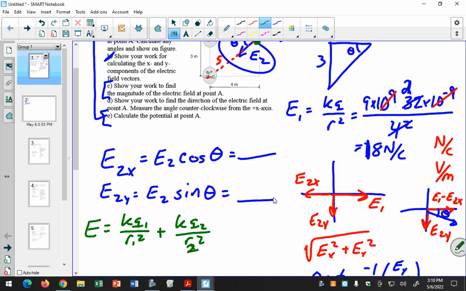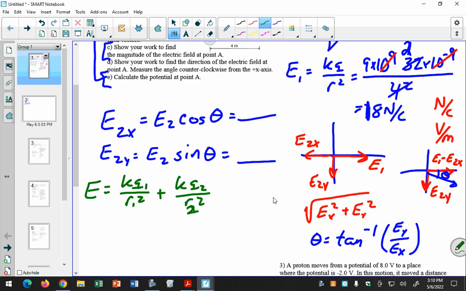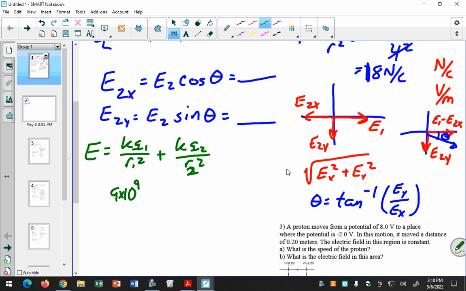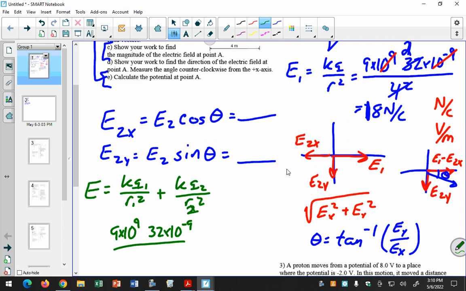And then also remember that you have to keep the signs. So since Q2 is negative, I'd have 9 times 10 to the 9th, 32 times 10 to the minus 9, divided by the distance to that, which is 4. No square right here.